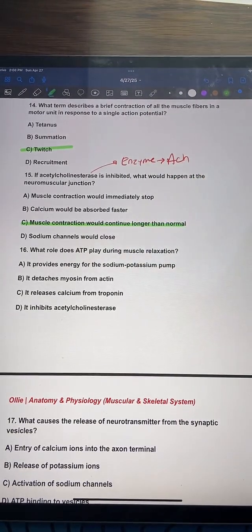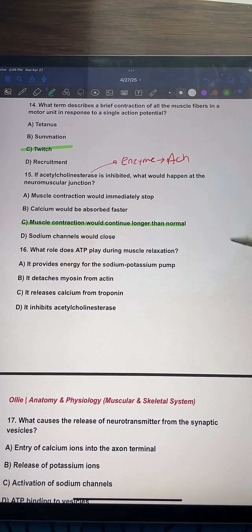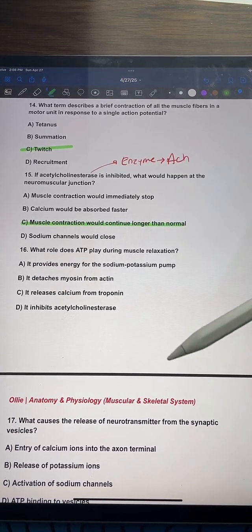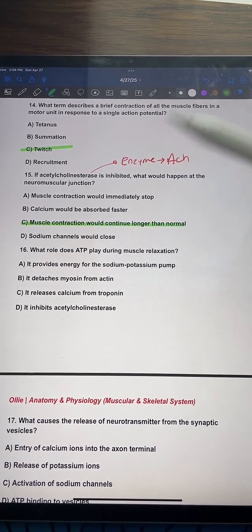The muscle contraction would continue longer than normal. So ACh would not be able to be broken down, so stimulation at that motor end plate would continue. The sarcolemma would keep releasing calcium and stuff like that. So not good.